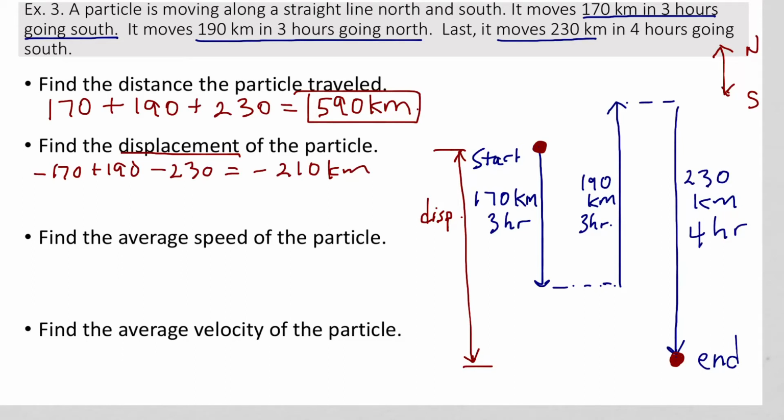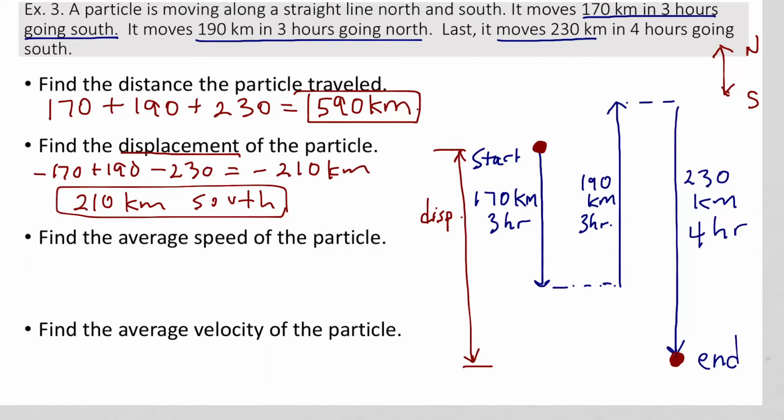All right, so there's an example problem. There's a homework problem that asks you not for the sign itself, but it wants you to put the direction indicator north or south. The way that you'd answer a question like this would be 210 kilometers south to indicate that you're winding up south of your starting point. And that's what that negative is telling you.